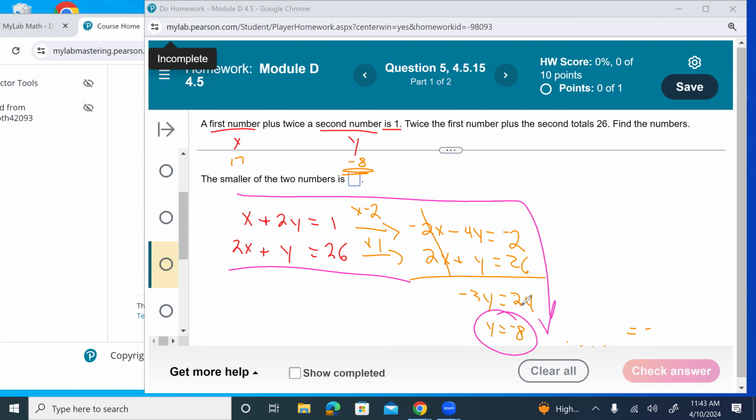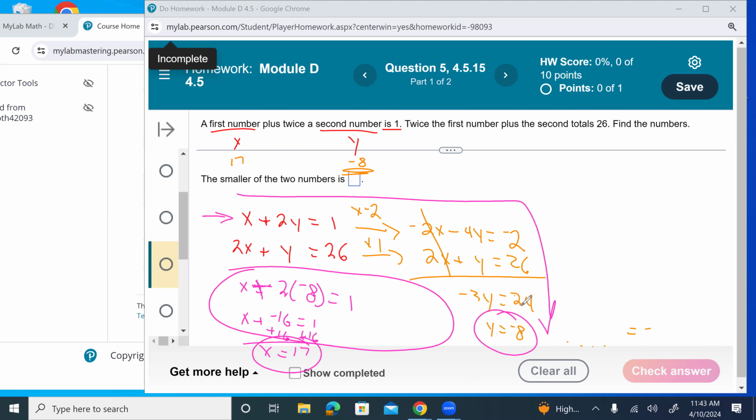Then there's going to be this space right here to substitute that y in here, and you get x plus 2 times -8 equals 1. So x plus -16 equals 1. Add 16, and x equals 17. So there'll be a space right there for you to work it out, and you wind up with the two answers at the bottom.